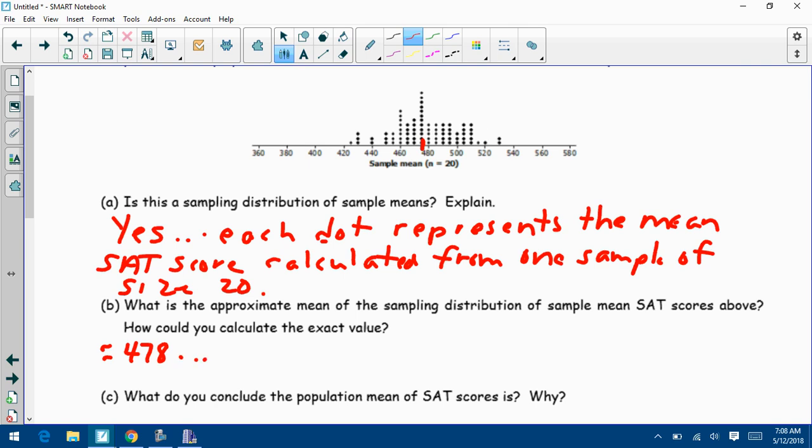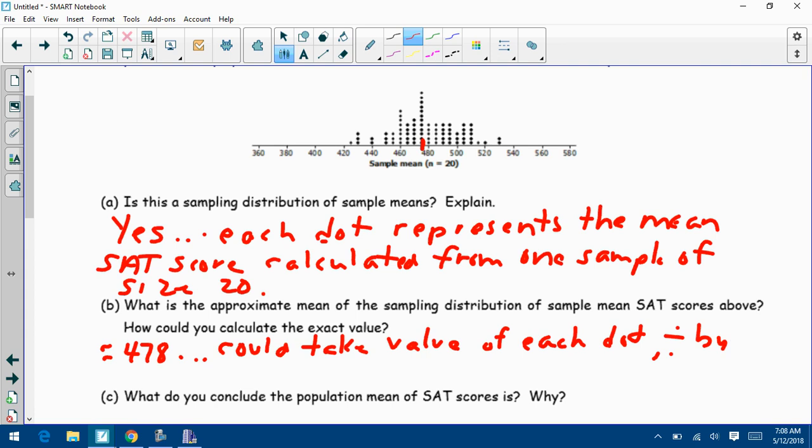So how could I calculate the exact value? I could take the value of each dot, divide by the total number of dots, exactly how we find averages usually. So basically I'm finding the mean.